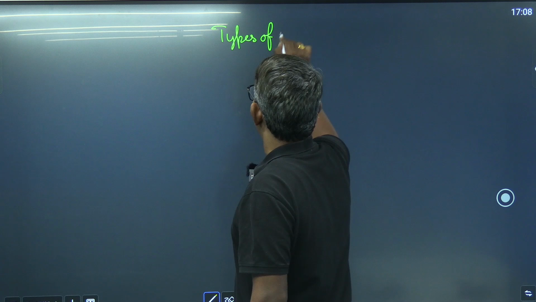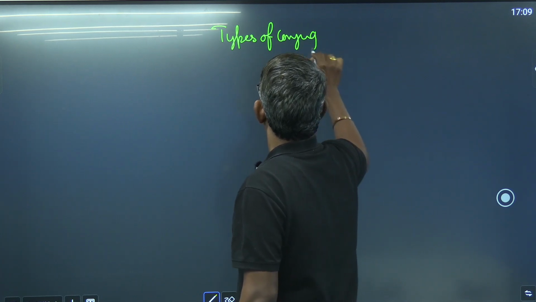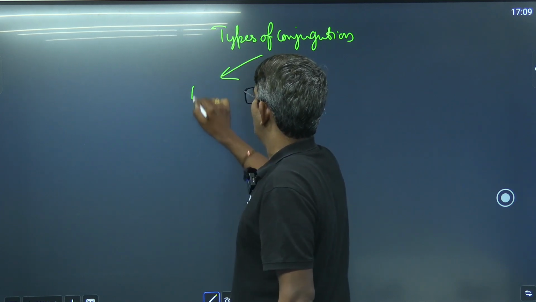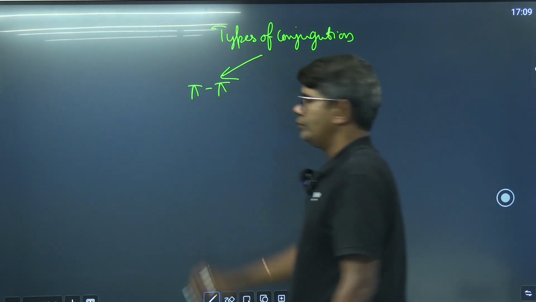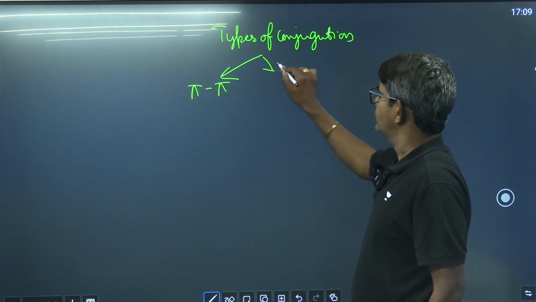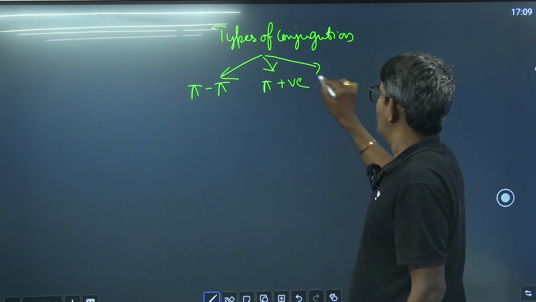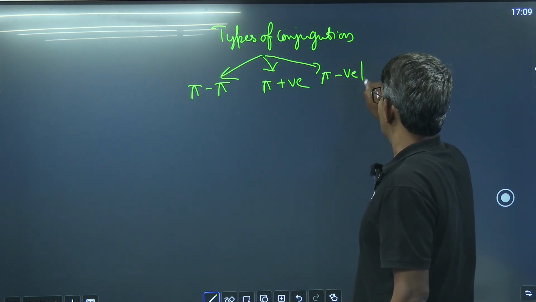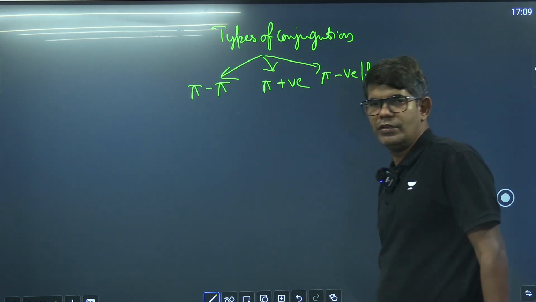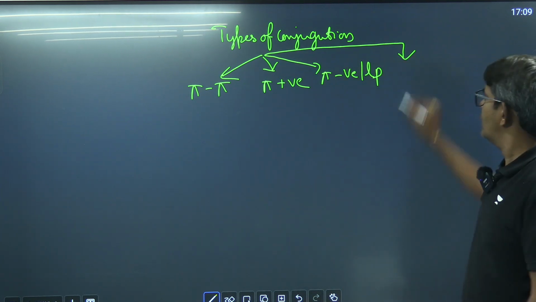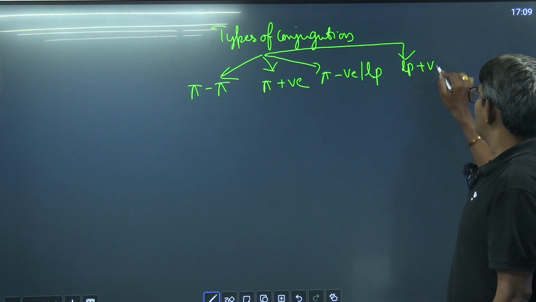Types of conjugation. In types of conjugation, you have pi-pi conjugation, pi positive conjugation, pi negative conjugation or pi lone pair conjugation, and one more is lone pair positive conjugation.